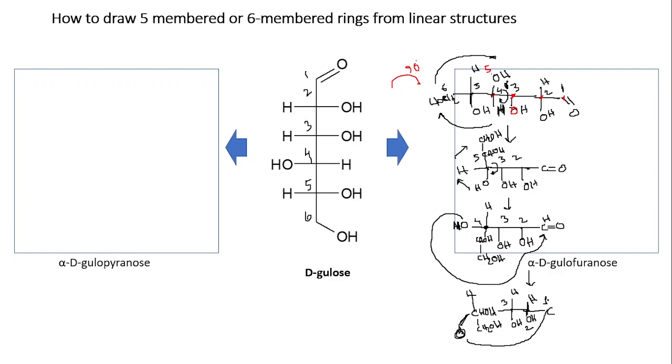Okay, position number 1, this is position number 1 again. Now if it is alpha, that means this OH when it forms, that should be pointing down. Okay, so that is the structure.